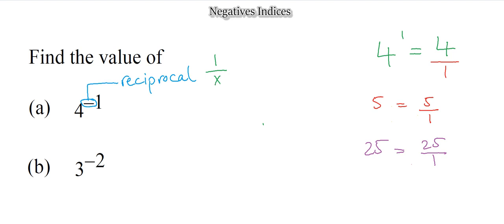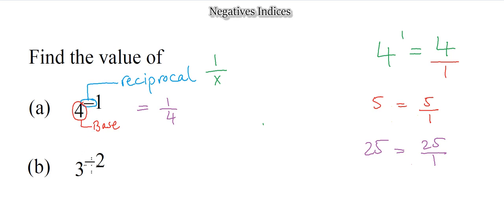If we have 4 to the power of 1 as 4, then 4 to the power of minus 1 would be 1 over 4. So all we're doing is putting 1 over the base number. This 4 would be my base number. So it would just be 1 over the base, making sure that we take the powers into consideration.